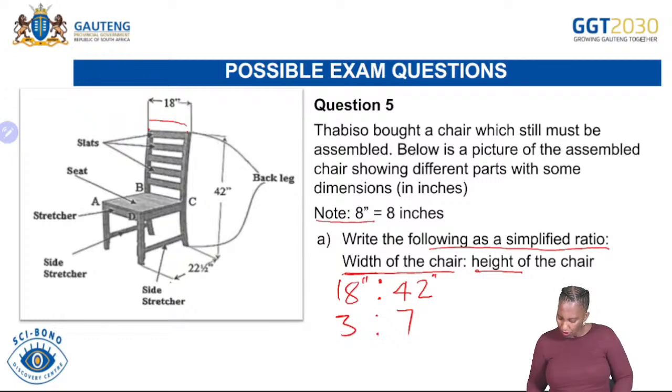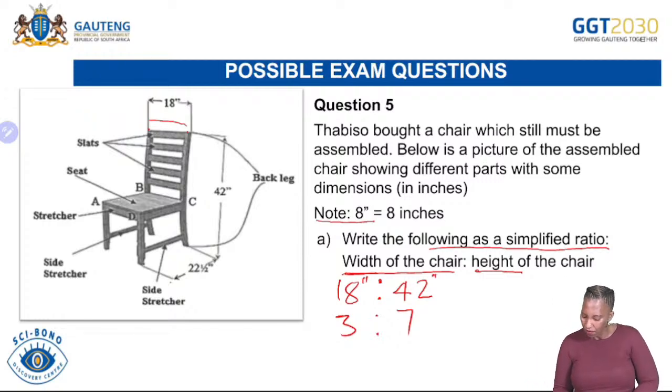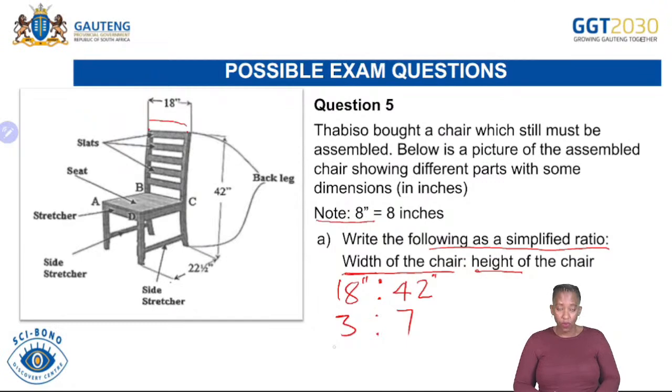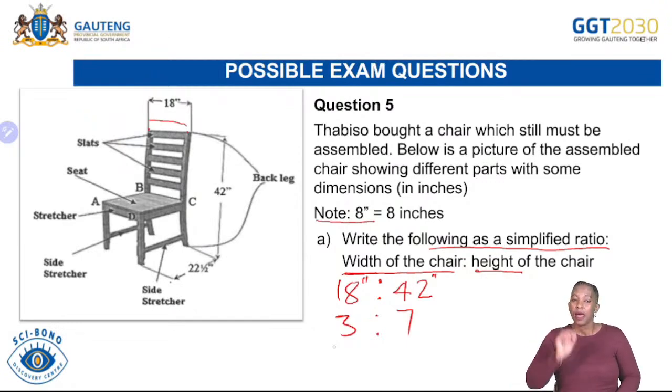And then you get your answer. It will be 3 over 7. That 3 over 7, it means the numerator is your left-hand number, and the denominator is your right-hand number. So the answer is 3:7. We have simplified, even if you don't use a calculator, if you know your mathematics, but double check using your calculator.